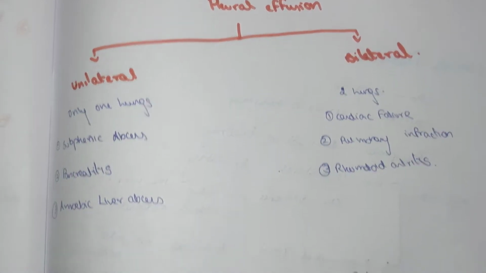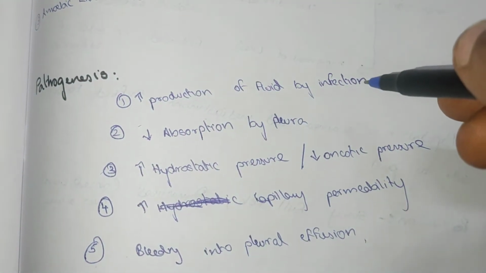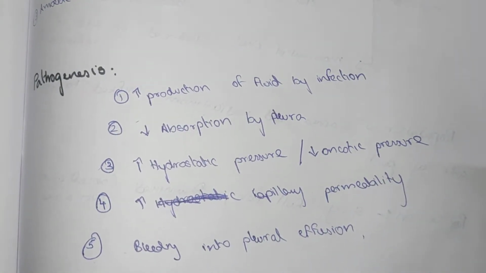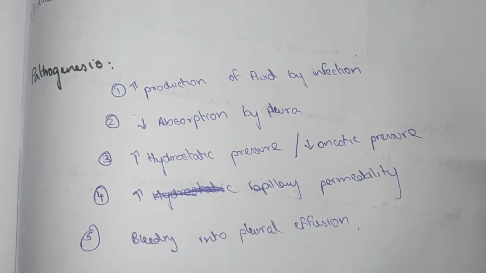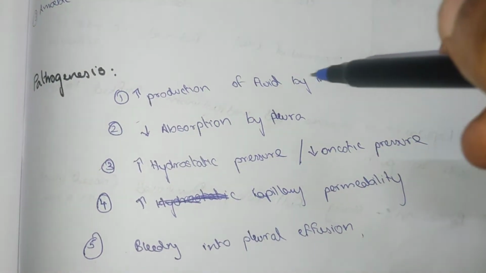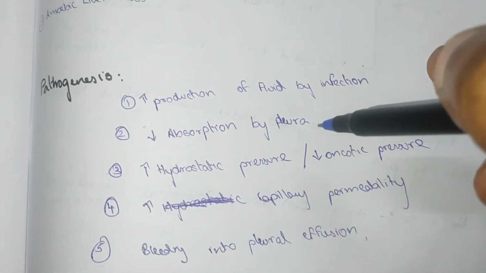Now we will see about the pathogenesis of this pleural effusion. When there is increased production of fluid by infection, as I have said already, in exudate the cell leaks fluid due to infection or inflammation. So in infection, there is increased production of fluid, and there is decreased absorption by the pleura.